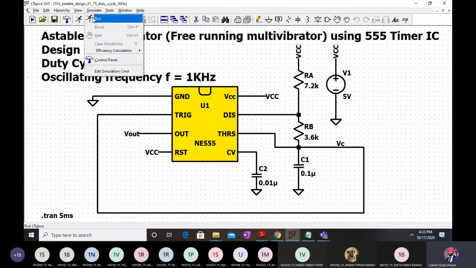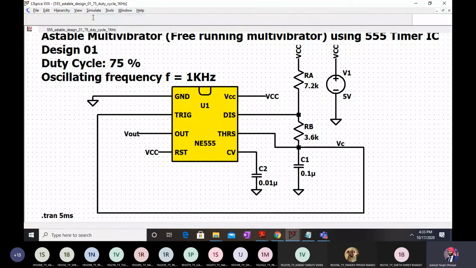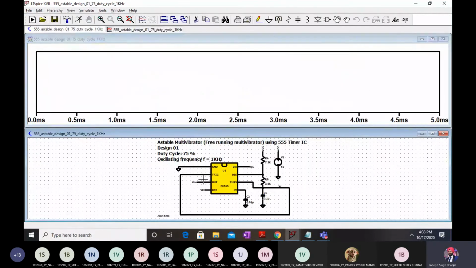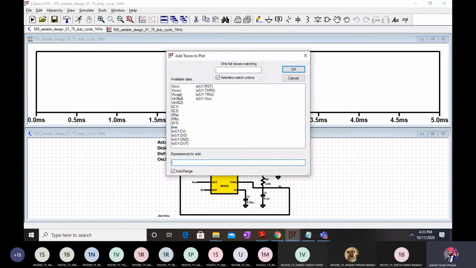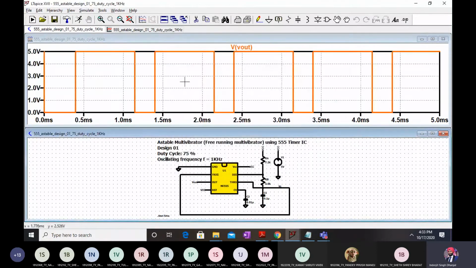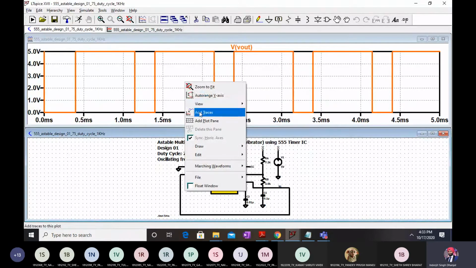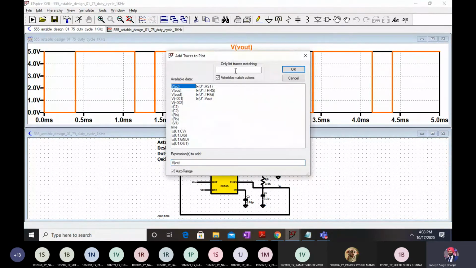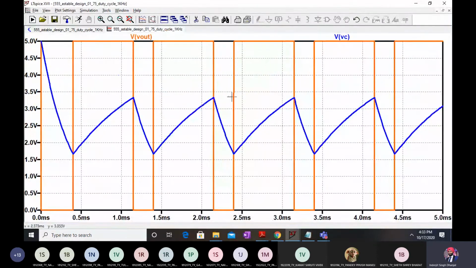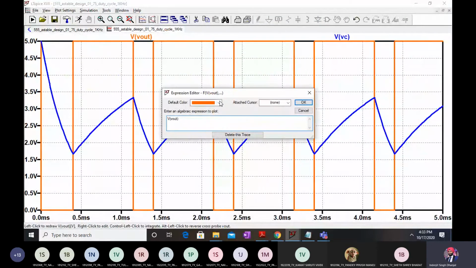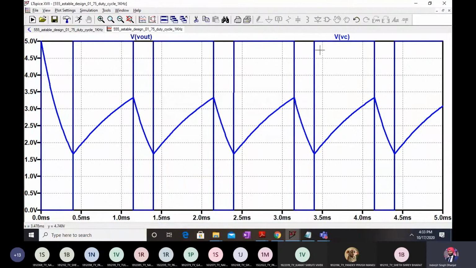Let me simulate this. I will check my output. I right click here, I have labeled everything, V out, and I also want to measure the voltage across the capacitor C1. So these are the waveforms which I am getting. Let me change it to green so that it is clearly visible.